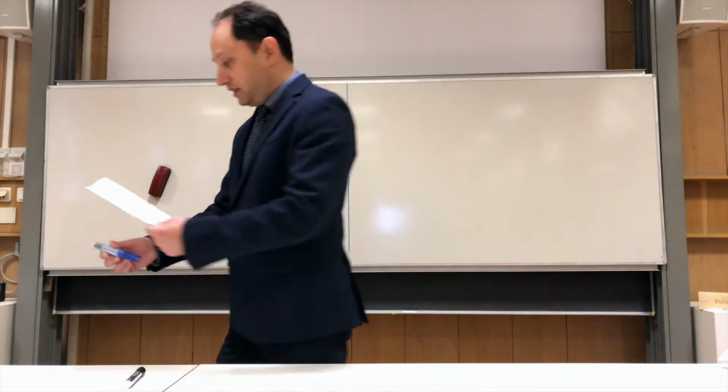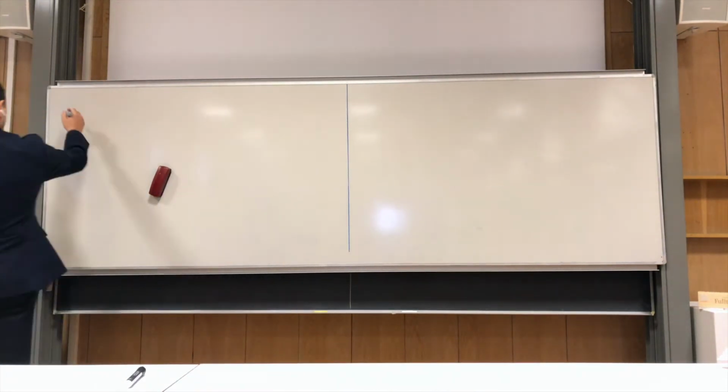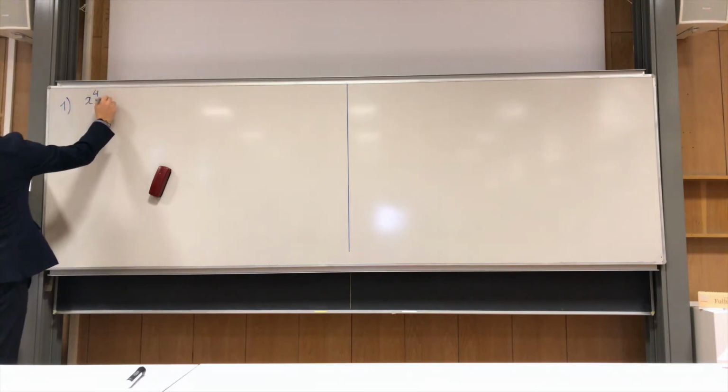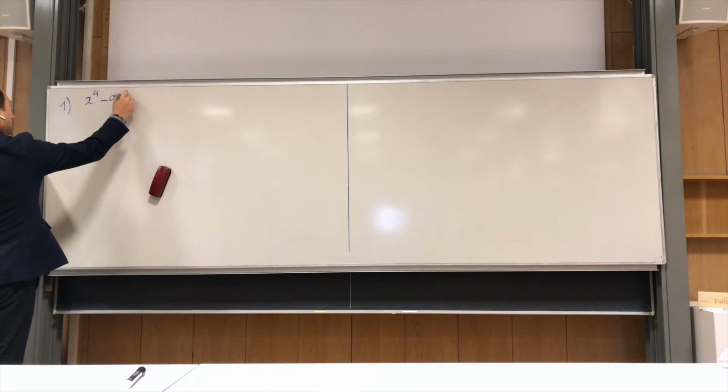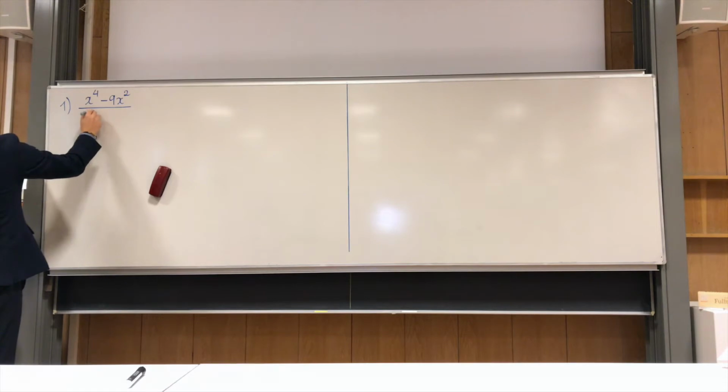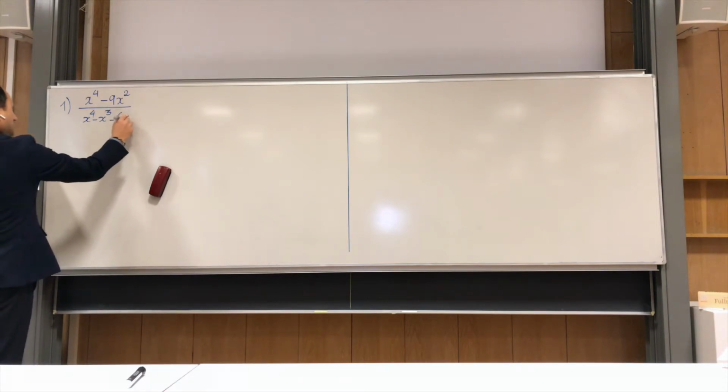Simplify the following rational expressions. So this one, number one, we are supposed to simplify this expression: x to the 4 minus 9x squared, divided by x to the 4 minus x cubed minus 6x squared.